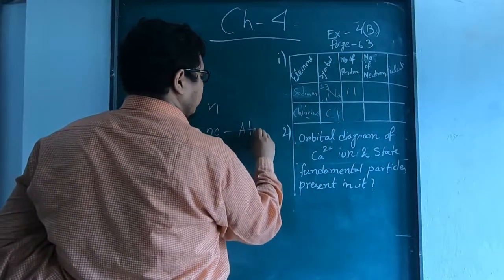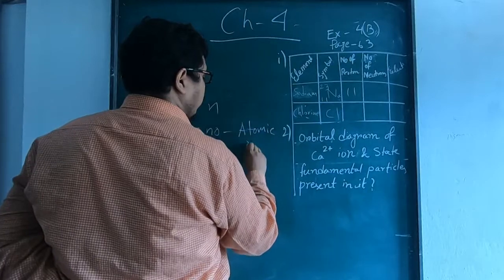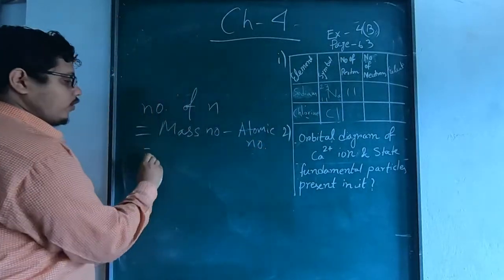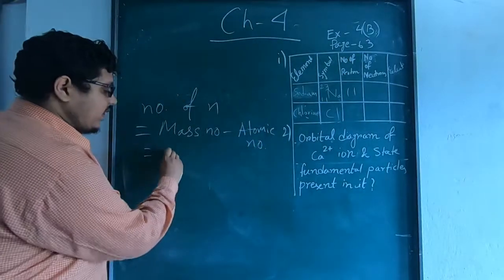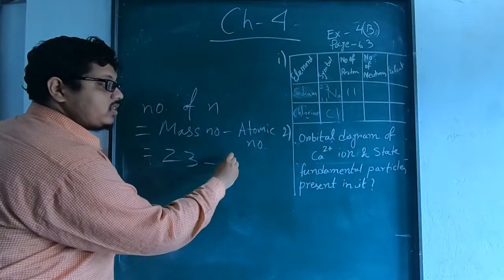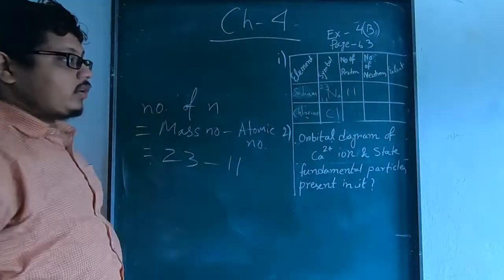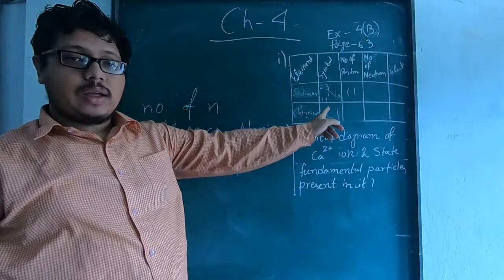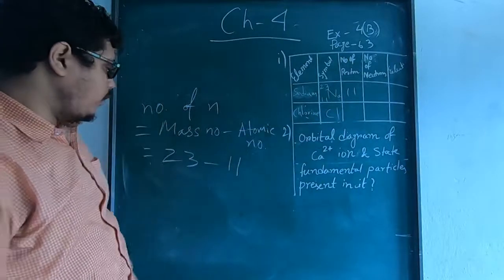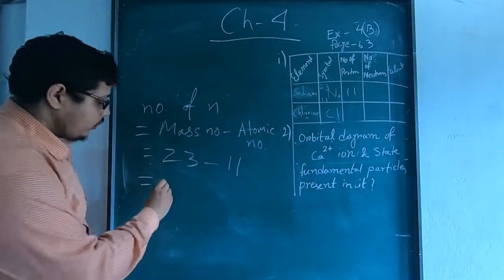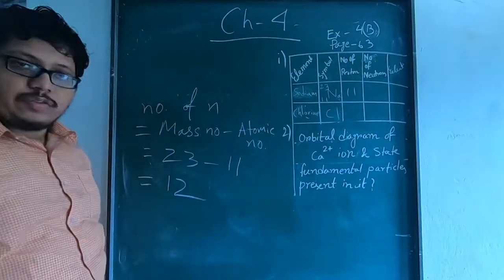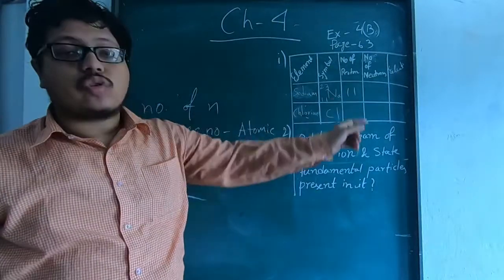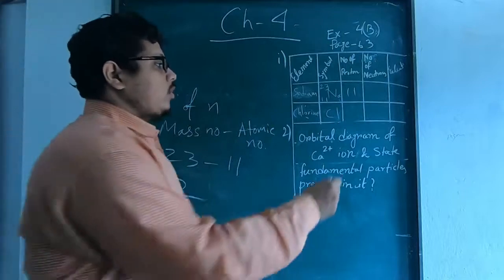This way also we can find it, because atomic number and number of protons are the same, so we can use either. So it is 23 minus 11, the mass number and the atomic number, and we get 12. So our number of neutrons is 12.